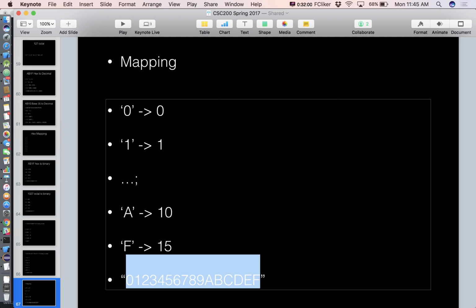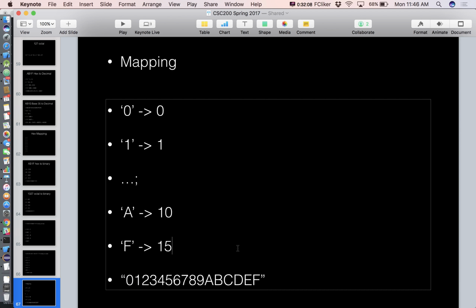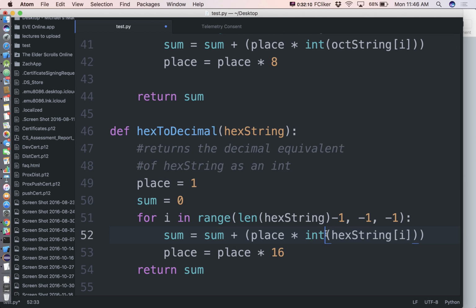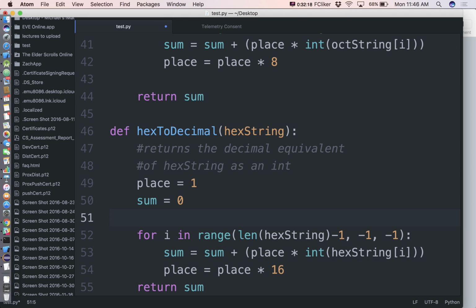That make sense? So if we assumed our hexadecimal string used uppercase hexadecimal characters, then instead of saying convert this to an int, we would instead say something like, let's call this guy hex map.